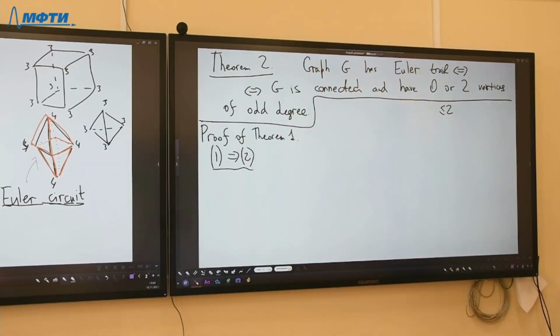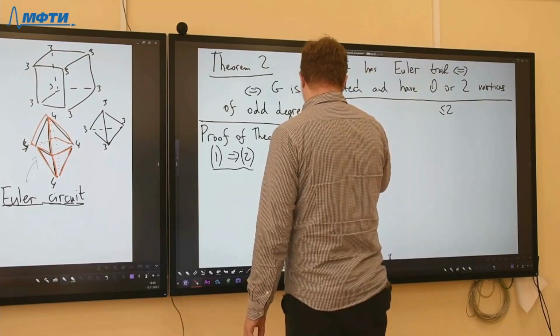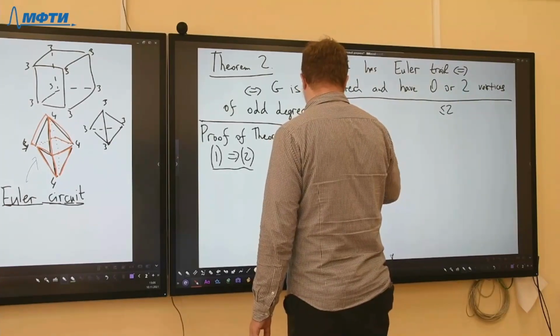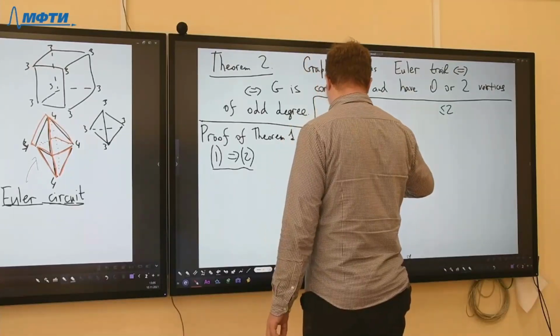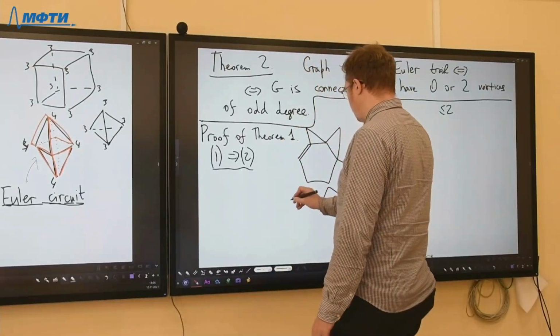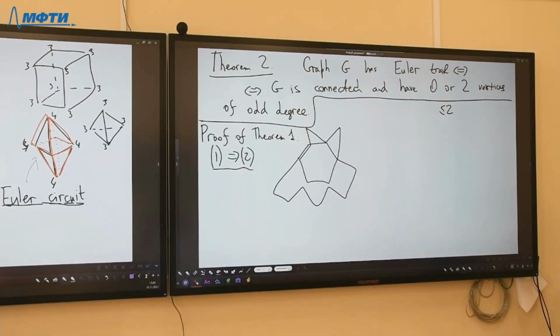If we already have an Euler circuit here, then what does it mean? It means that we have some circuit that contains all edges of the graph.